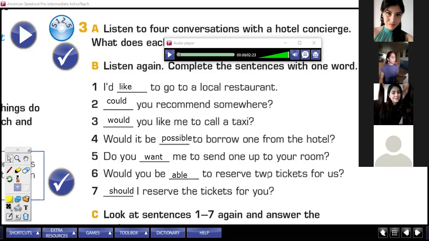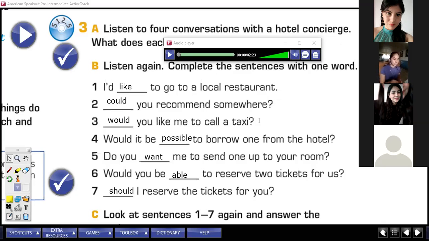Now that you have these phrases, you need to mark if these are offers or requests. Which one is an offer? Number 2. Could you recommend somewhere?